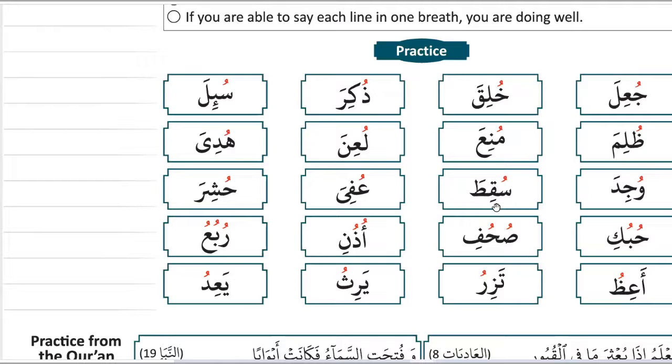We can't change it, because whenever you find a kasra on any heavy letter, its heaviness is affected by this kasra sign, okay? So qaf, kasra, qi, ta, fatha, ta, suqi, ta.